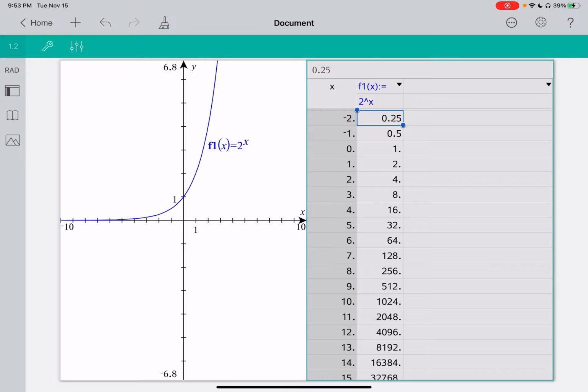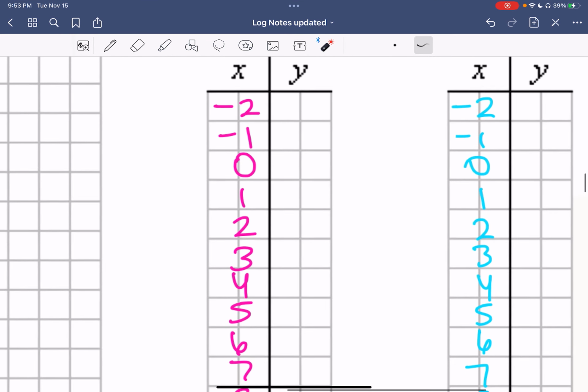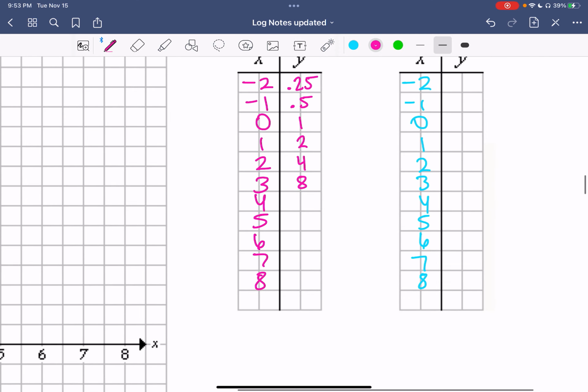Okay, so I'm going to copy those down in the notes. So it was 0.25, 0.5, 1, 2, 4, 8, 16, 32, 64, what was it? Let me look again. 128 and 256.